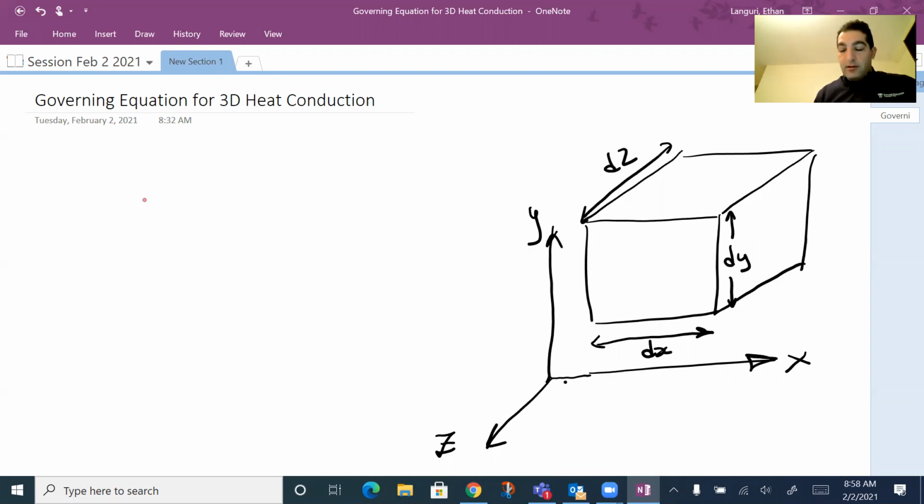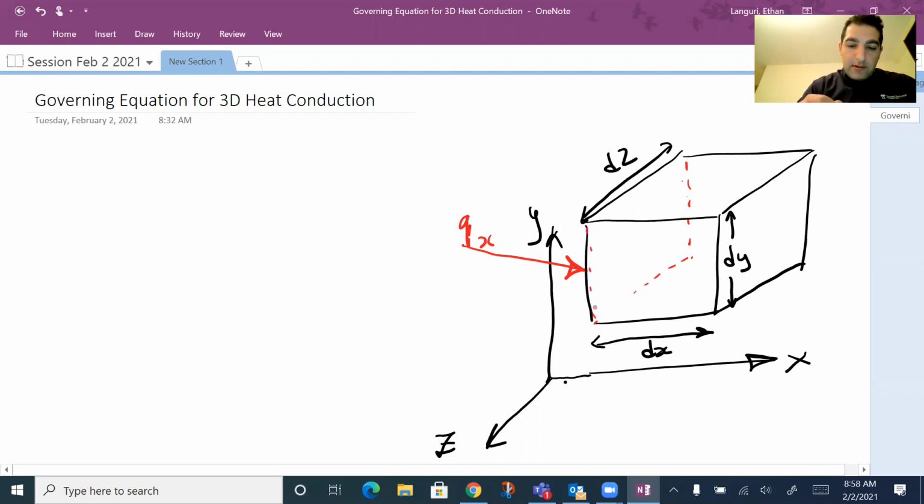For 3D, we can say Qx comes along the x at the dz dy area, which I'm showing with this. So as you can see, this is where Qx comes in and leaves on the other side of the element. And when it leaves, we call it Qx plus dx.